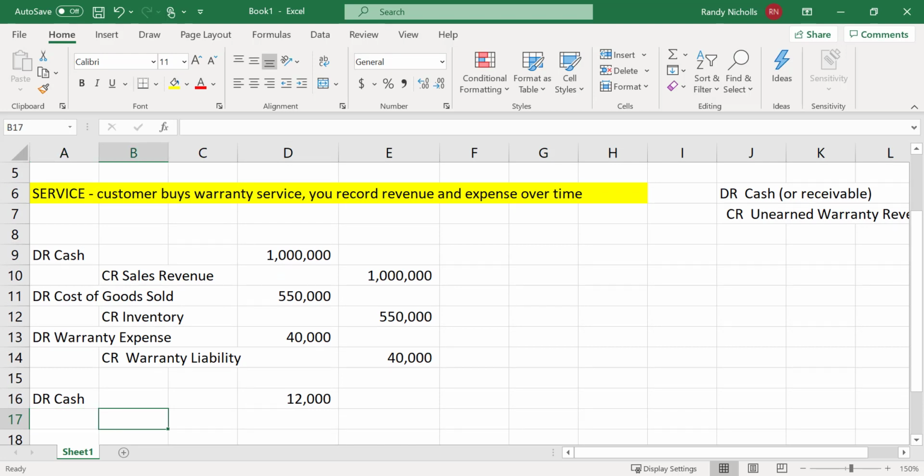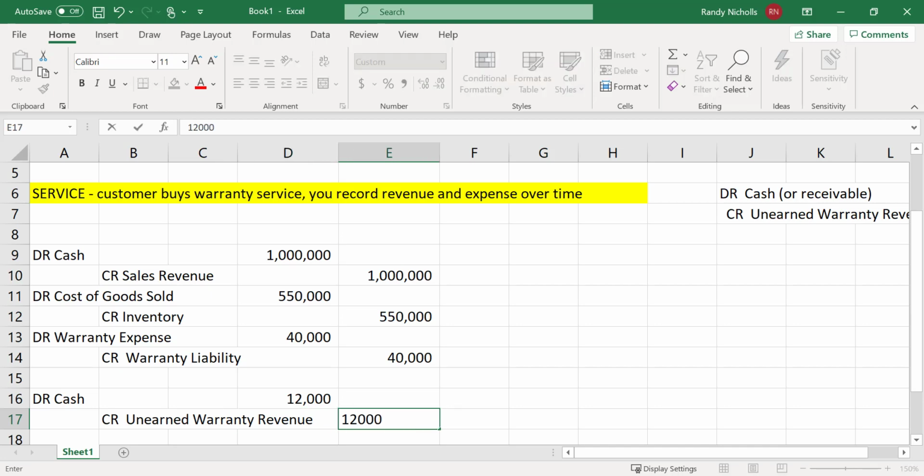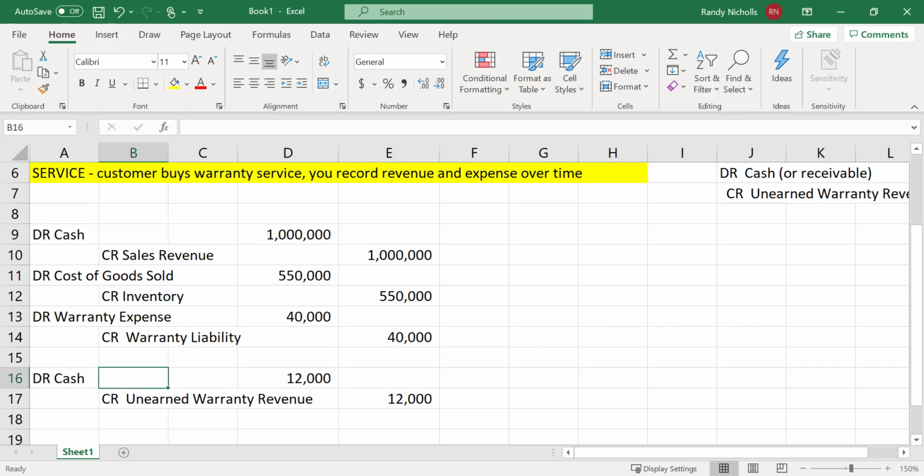And if I've actually sold the customer this service, then this is warranty revenue. But it's going to be warranty revenue in years 3 and years 4. So at this time, it's unearned. So again, I'm accomplishing my matching here because I'm not recording any revenue or any expense now.